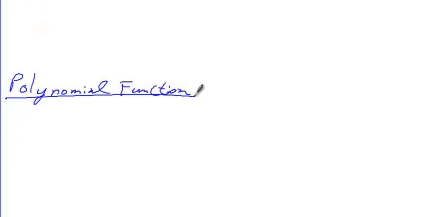So the one thing that I haven't talked about yet is how do we actually determine if a function is in fact a polynomial function? There are a few things that we have to keep in mind. It's all about powers when it comes to polynomials, which is why they're in this section. The main thing is that powers must be positive.